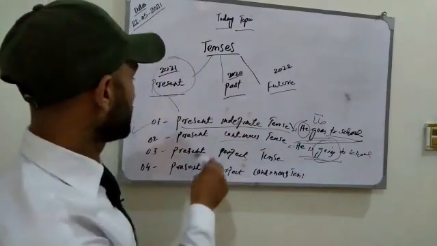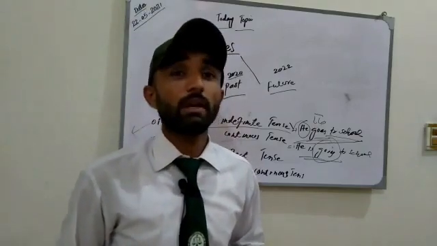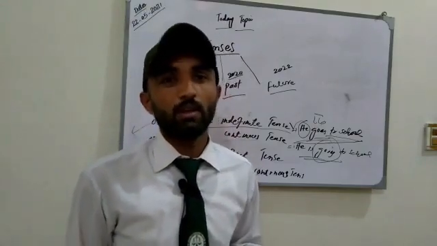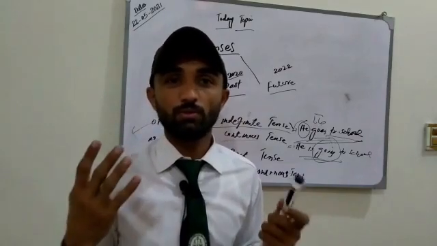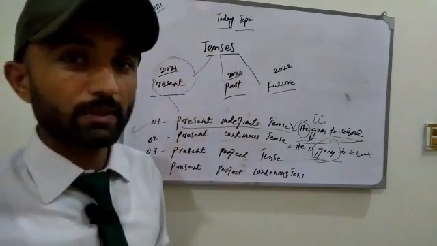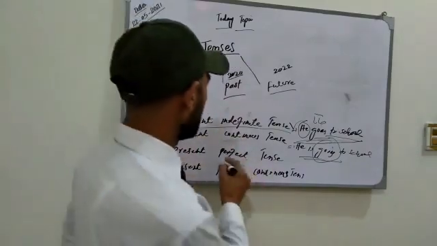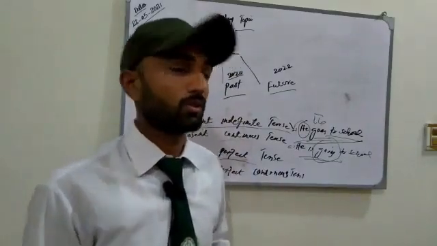Then the third one is present perfect tense. Present perfect tense means when you have finished your work, like you have reached college, you have reached university, you have reached office, then it will be your present perfect tense. Present perfect means mukammal. You have completed your task, so you have reached your college.